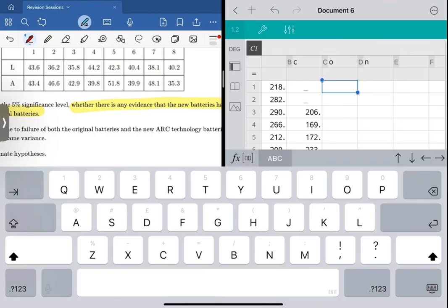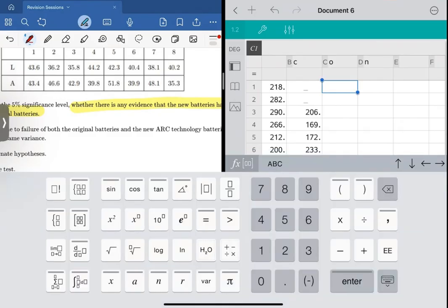And type this in your calculator. So 43.6, 36.2. Take your time. If one of these goes wrong, then it will throw off your results.